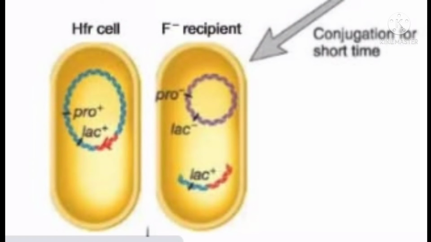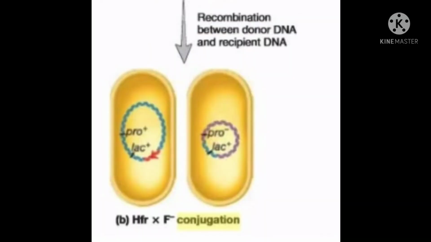But in the F minus recipient cell, we know that the gene for lactose metabolization, the lac gene, is negative. That means it is mutated. So what happens next is that the lac minus gene in the recipient F minus cell, the mutated version of the lactose metabolizing gene, is replaced by the lac plus gene transferred from the Hfr cell.